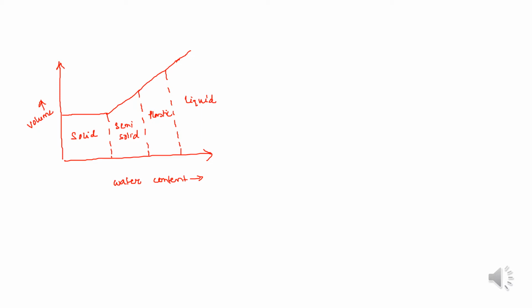Suppose when a fine grained soil is mixed with a large quantity of water, the resulting soil suspension is in a liquid state. That is, the soil flows like a liquid and offers no resistance to flow, or we can say the soil has no shear strength.